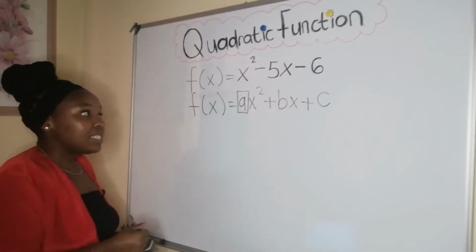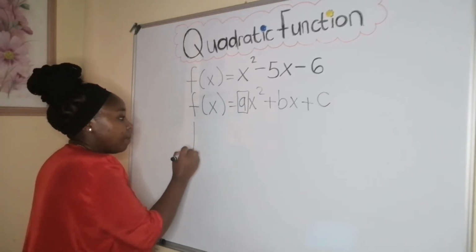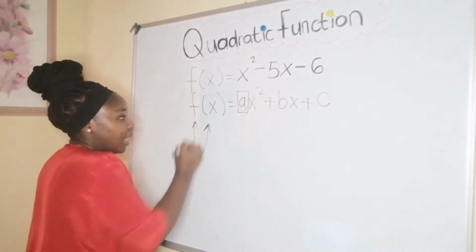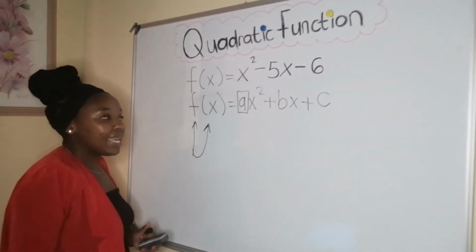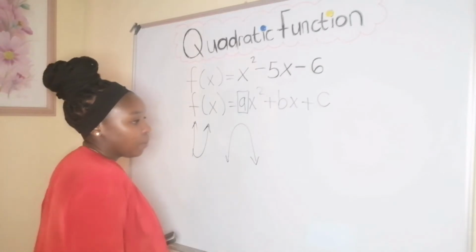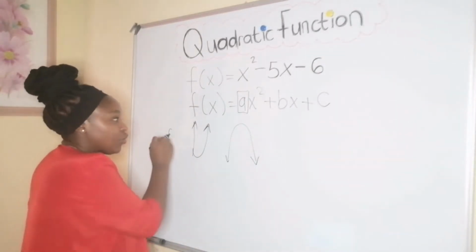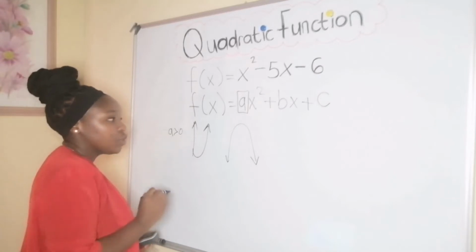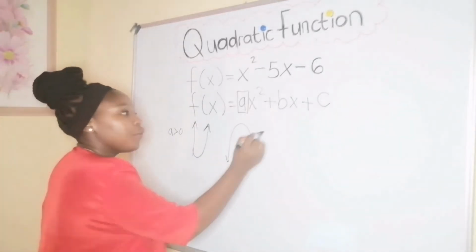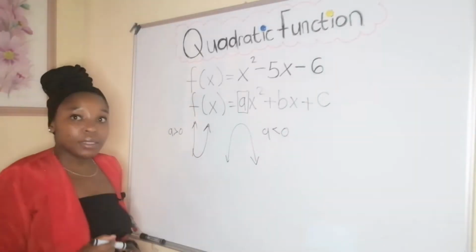If your a is greater than 0, then your quadratic function is going to open upwards. And if your a is less than 0, then your quadratic function is going to open downwards.